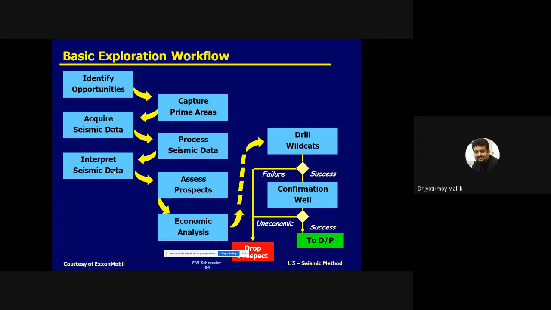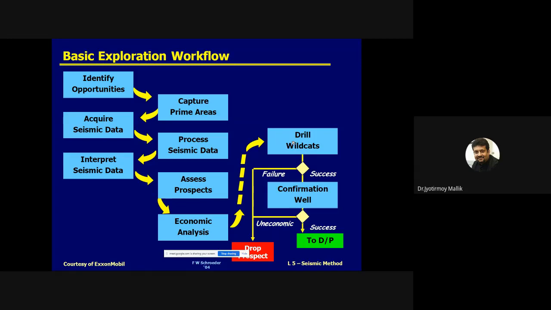Once it is interpreted, you assess your prospect, whether it is petroliferous or not. Then you do an economic analysis. Even if it is petroliferous, if the oil and gas is too small to be economically taken out, that sort of decision you make. Then you drill wells.